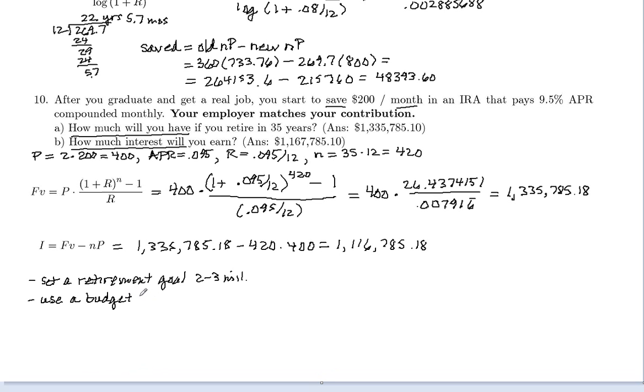I know you guys used to like to call that a spending plan, because budget sounds so restrictive these days. So you want to devise a spending plan. So you want to control your expenses. Don't spend more than you make. The government still has to learn that lesson. Have an emergency fund.